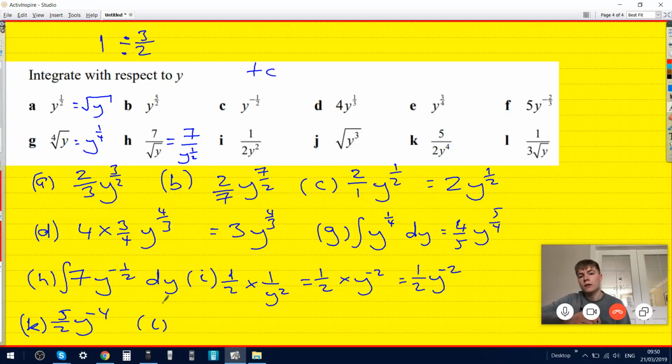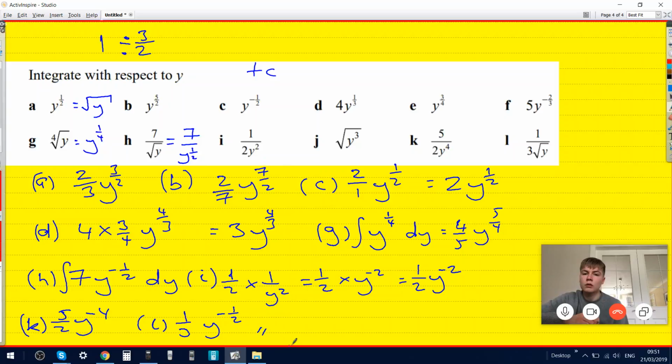No. So use your previous answer. Think about it. 1 over 3 y to the half. And so when it's underneath, it's to the half. And so when it's brought up? Minus half. Yes. Well done.